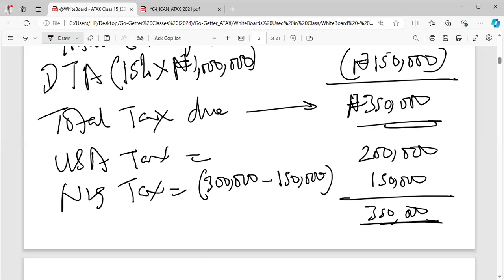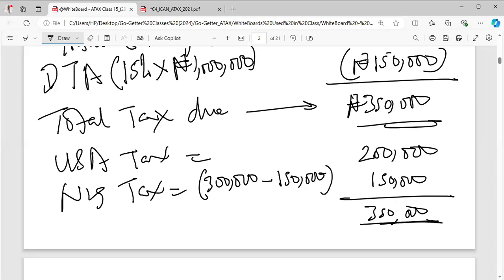So it means this 150 you are claiming as a refund is to cushion the effect of the 200. So it means they are refunding you 150 out of the 200 of the foreign income tax.